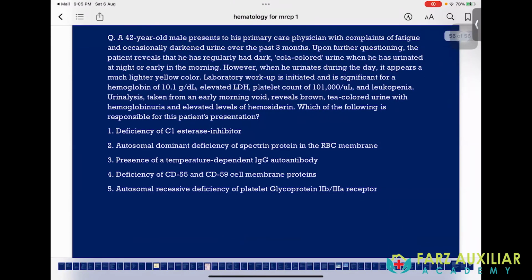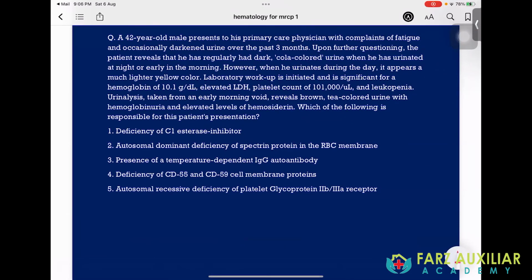So a 42-year-old man presents to the primary care physician with complaints of fatigue and occasionally dark urine over the past 3 months. He has had dark Coca-Cola colored urine when he has urinated at night or early in the morning. However, when he urinates during the day, it appears to be normal light yellow color.